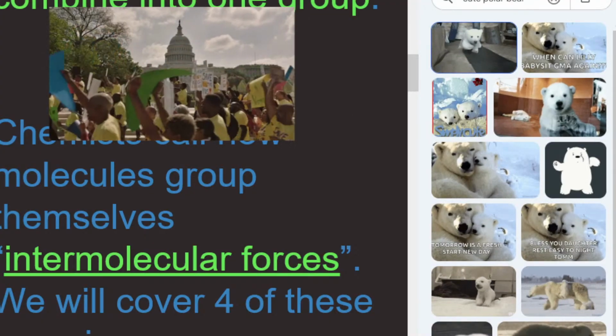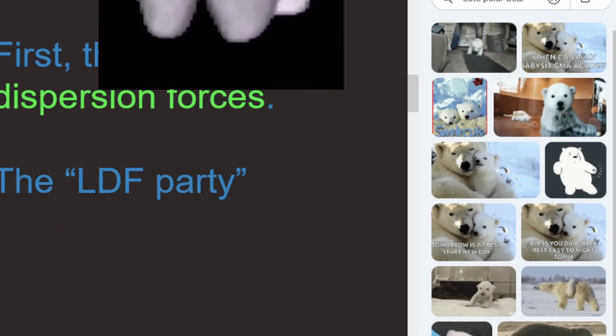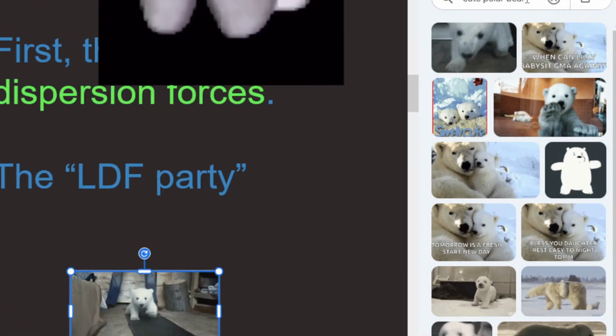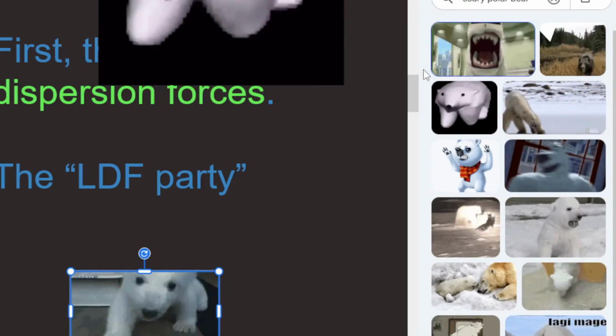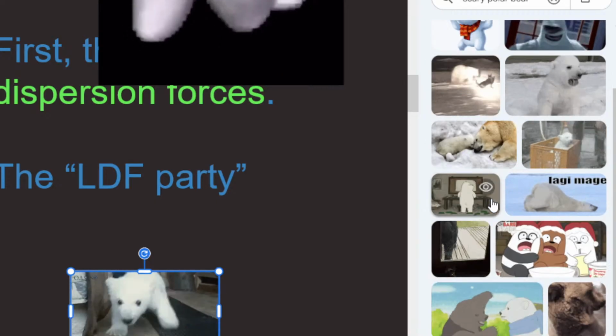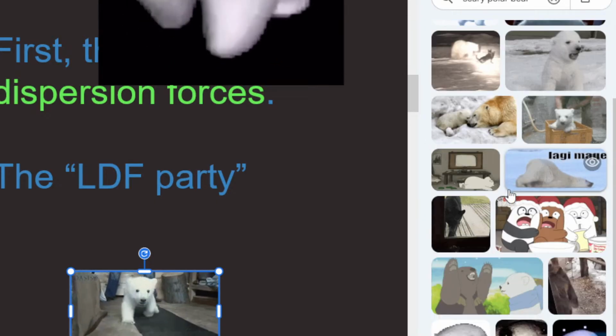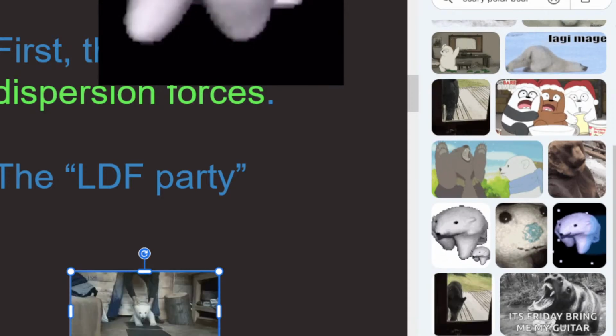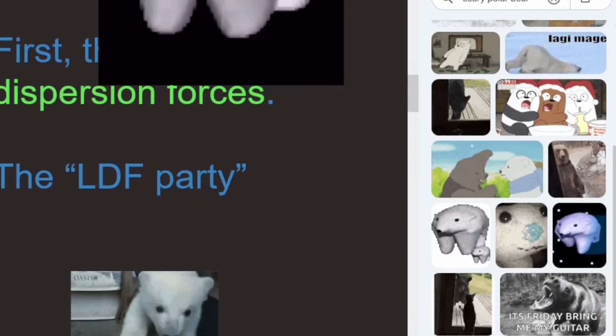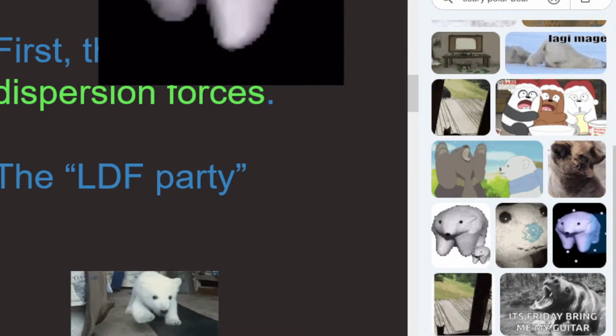Is there like a cute polar bear? Sure, that's nice. I kind of like that one a little bit more. And we can't really have a panda.